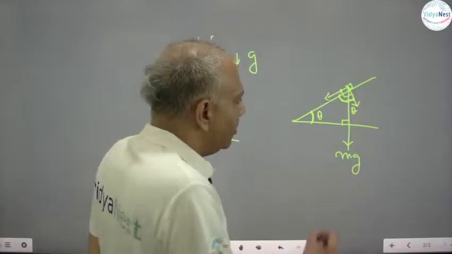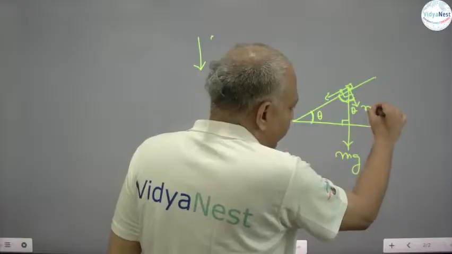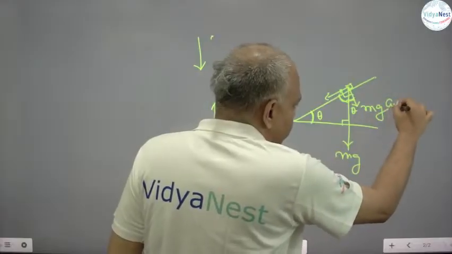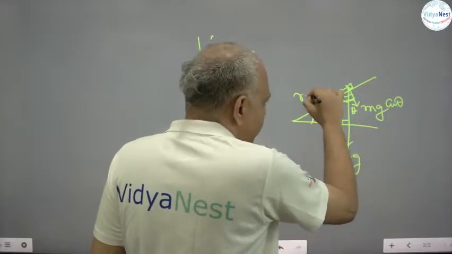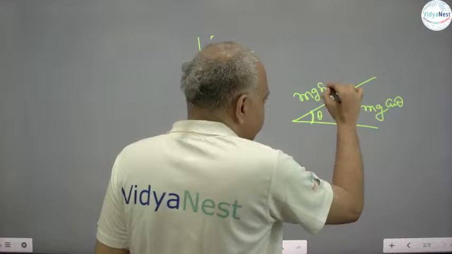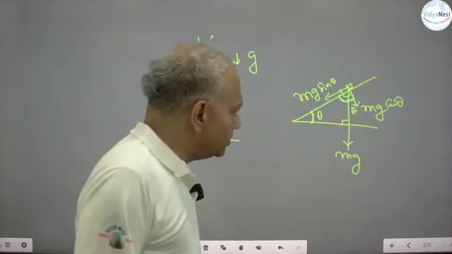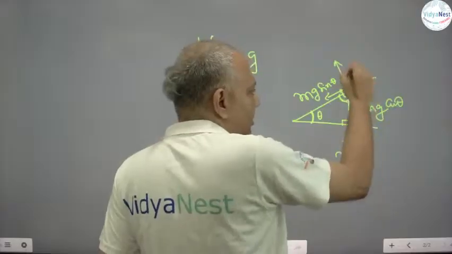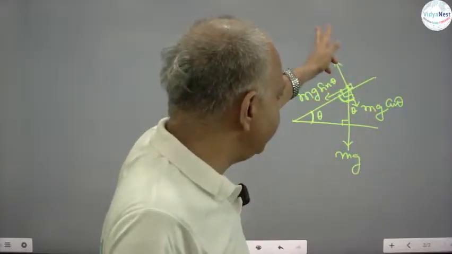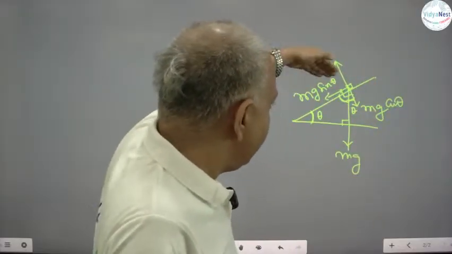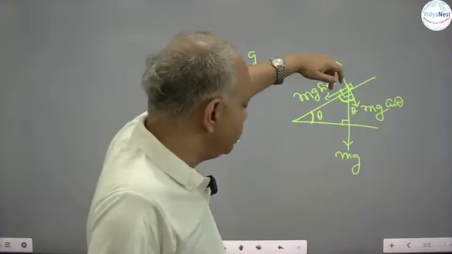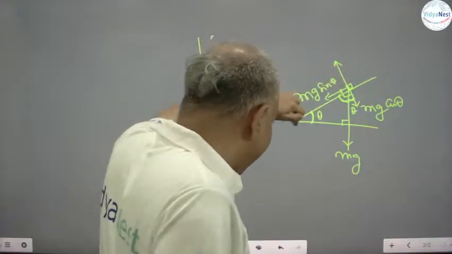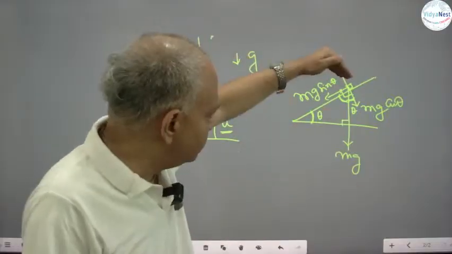So now mg is the weight. What are the components acting? Mg cos theta and mg sin theta. The mg cos theta has a reaction from the inclined ground, so it gets cancelled, but mg sin theta is the effect due to which the object will slide down.